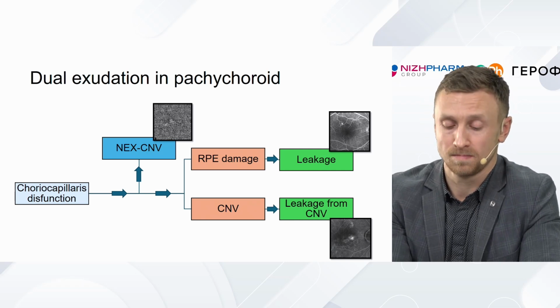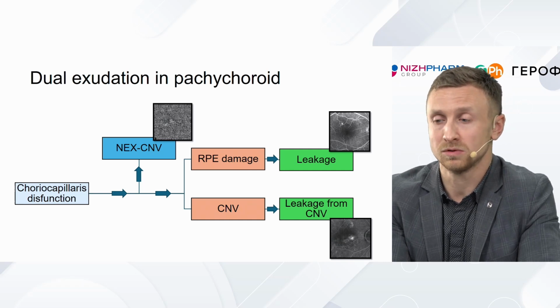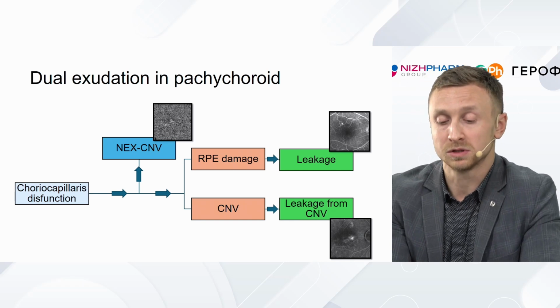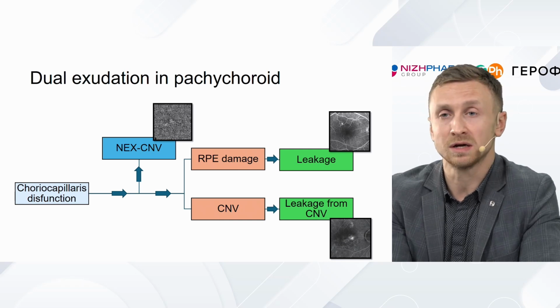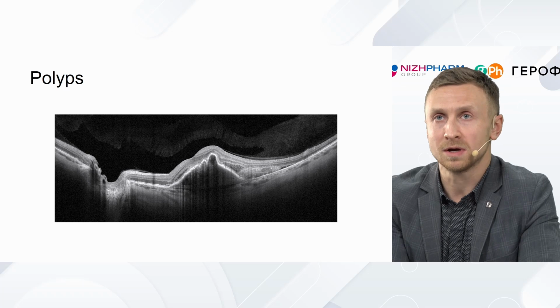And to understand which component is dominant, leakage of the CNV is not possible to see, neither by OCT or angiography with contrast, no way. So we should hope and we should rely on measures that suppress both sources, RPE damage and CNV.